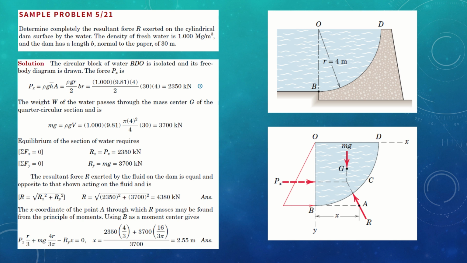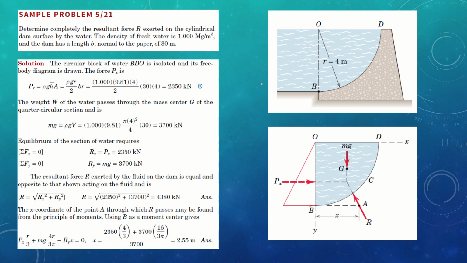Now, let us look at the last problem. Determine completely the resultant force exerted on the cylindrical dam surface of water. The density of fresh water is 1 megagram per meter cube, and the dam has the length B, normal to the paper, of 30 meters.